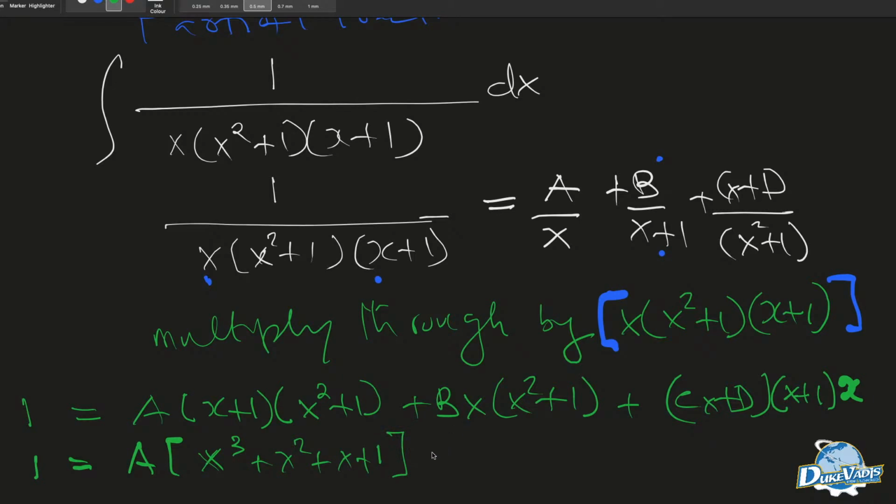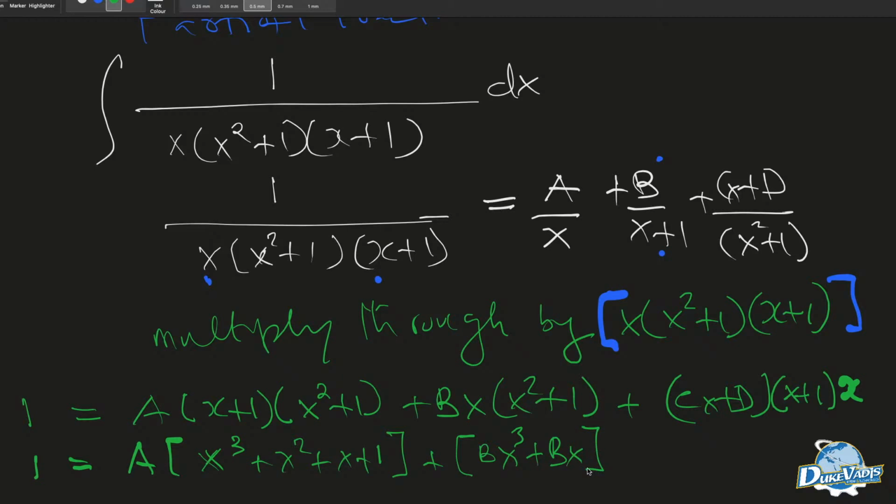Then we get our b to be bx cubed. Let's try and put all in one bracket, so that we have enough space. So into bracket bx cubed plus bx into bracket.